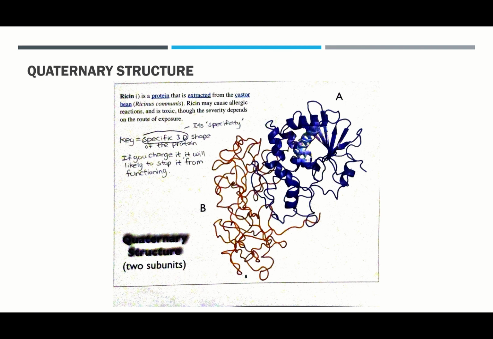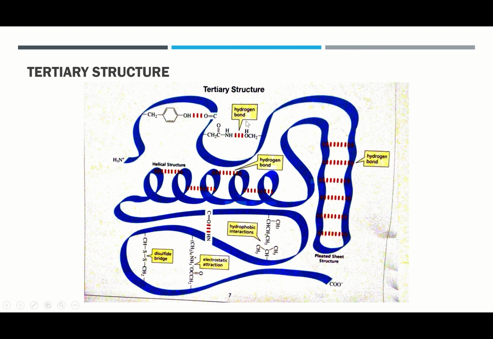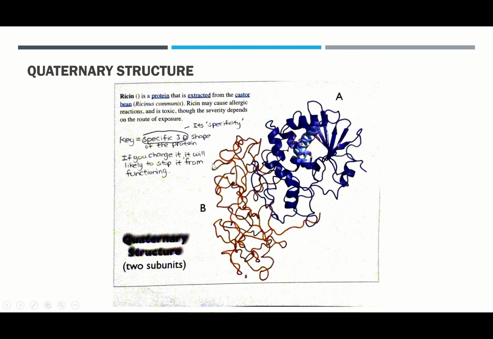So we already know that your body depends heavily on the proteins you produce. Protein plays a big part in your body. If your protein gets messed up, you are going to die, simply put. Now the quaternary structure is basically two or more tertiary structures wound together. The key is the specific 3D shape of the protein, which is its specificity.